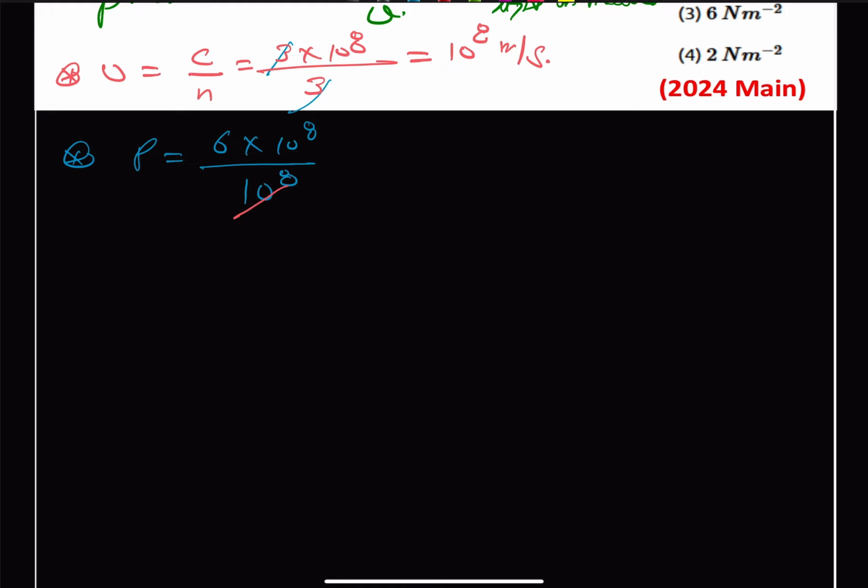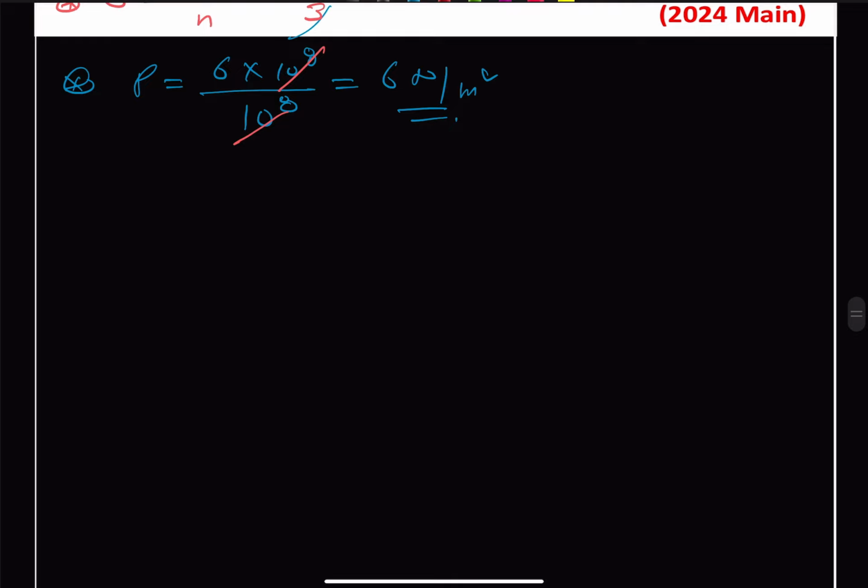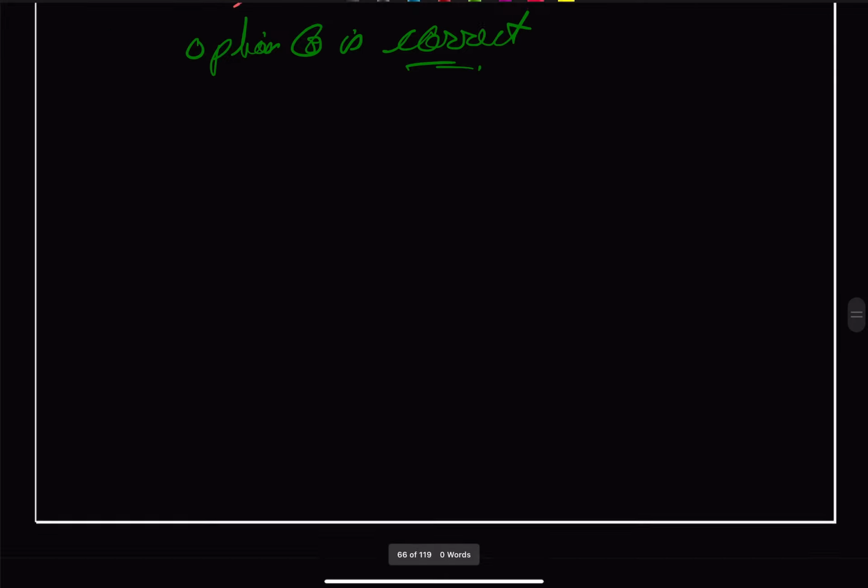Here 8 and 8 cancel out, so we get 6 Newton per meter square. So option 3 is correct. Next question.